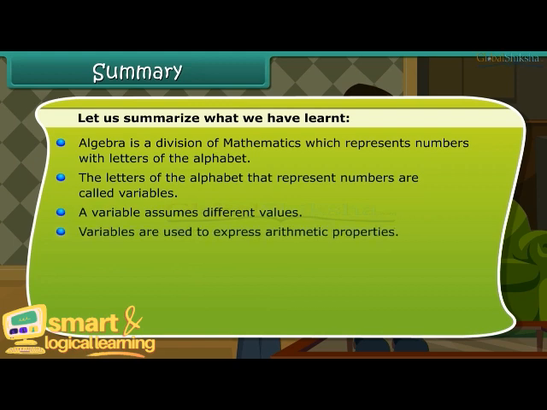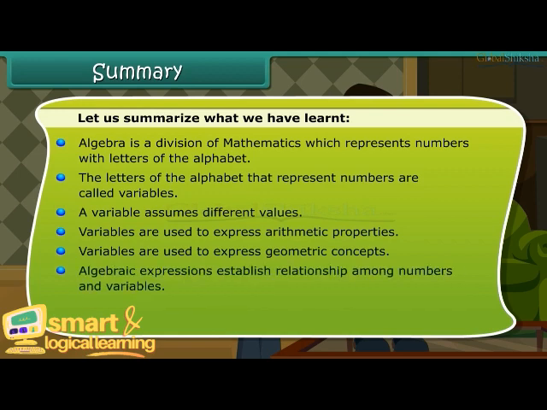Variables are used to express arithmetic properties. Variables are used to express geometric concepts. Algebraic expressions establish relationship among numbers and variables. The value of the variable that satisfies an algebraic equation is called its solution.